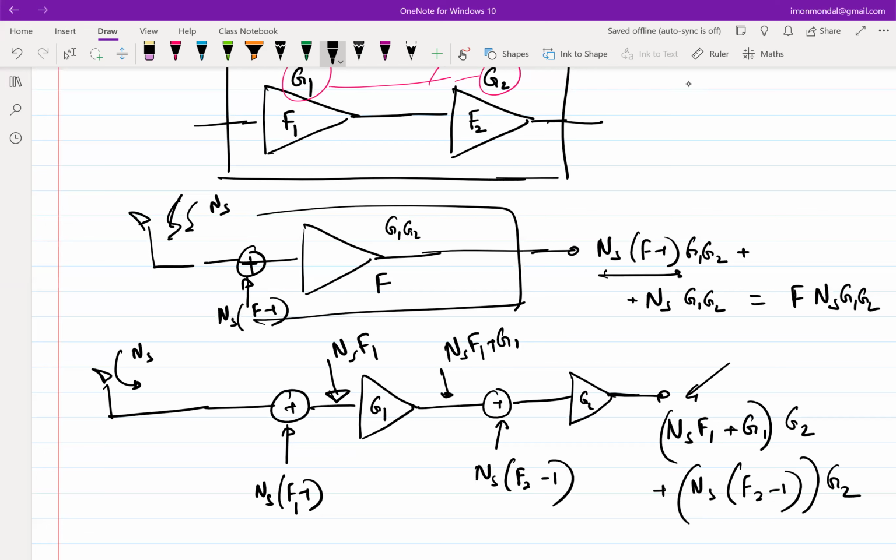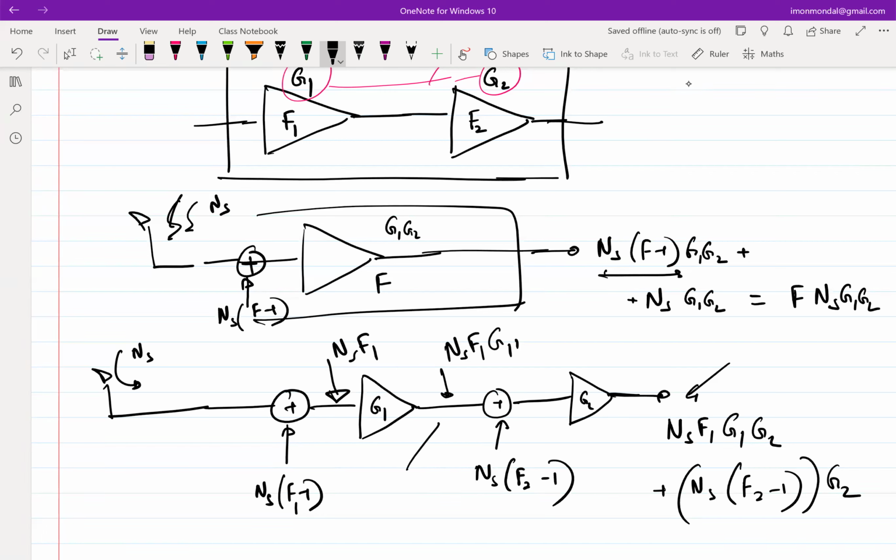G1, G2, everything is linear right now. If I write dB, I will write dBm. How do you go from NSF1 to NSF1 times G1? Should be multiplied. NSF1, G1, G2. Does that make sense now?